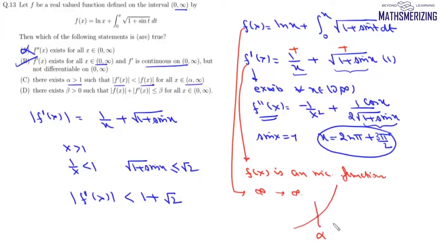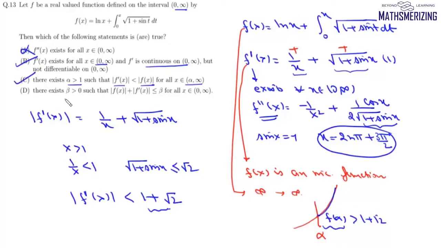So there will be a certain point alpha where the value of f alpha will be greater than 1 plus root 2, and thereafter for all the points this value will always be greater than 1 plus root 2. So there exists alpha greater than 1 such that mod of f dash x is less than mod fx for all x belongs to alpha to infinite. So that means option C is also correct.